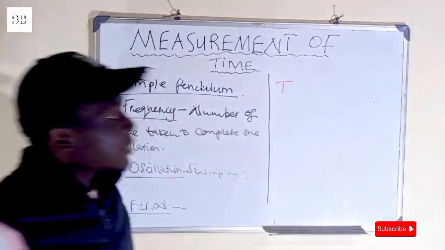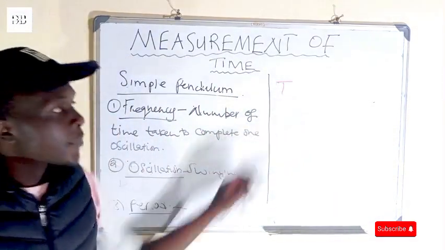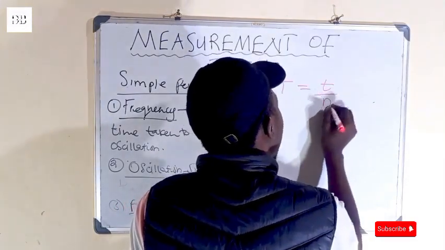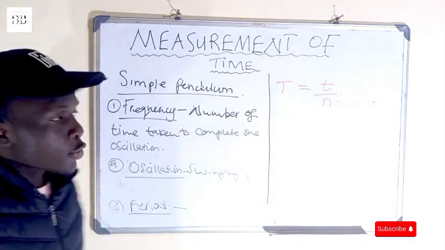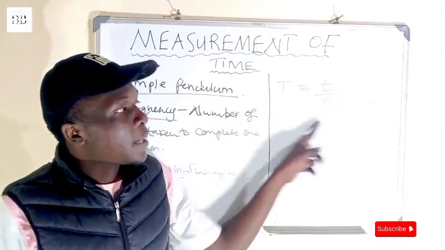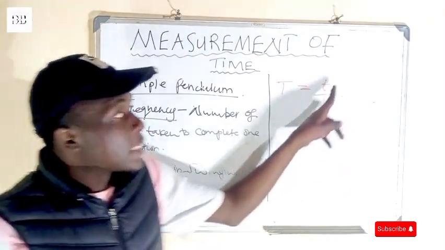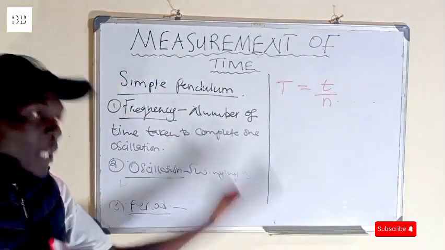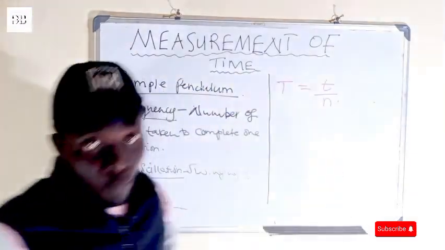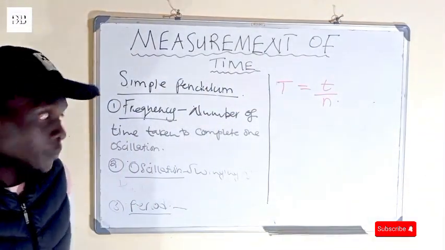Period is symbolized by the capital letter T. Period is equal to the time taken over the number of oscillations. So how many times it makes a complete oscillation will be this number of what? Of oscillations. Then the time taken: sometimes you'll be given the time, sometimes you'll not be given it but asked to find the time, then you'll be given the period, or vice versa.